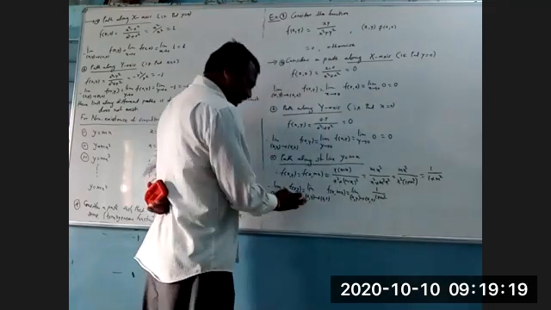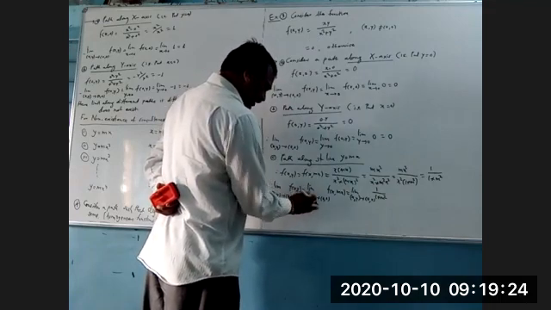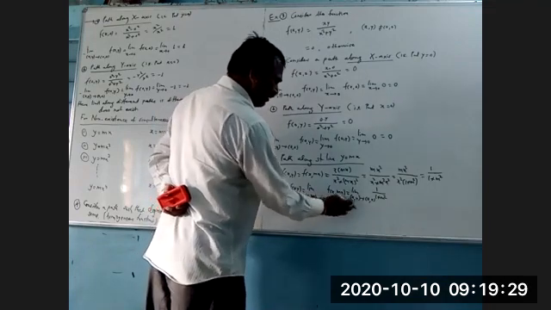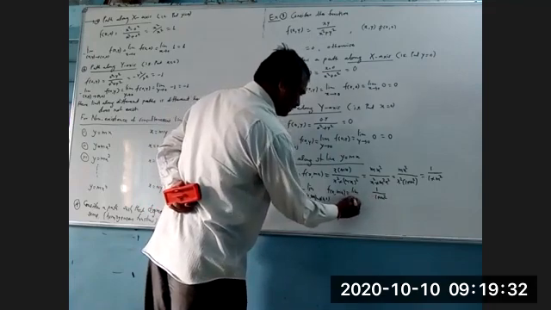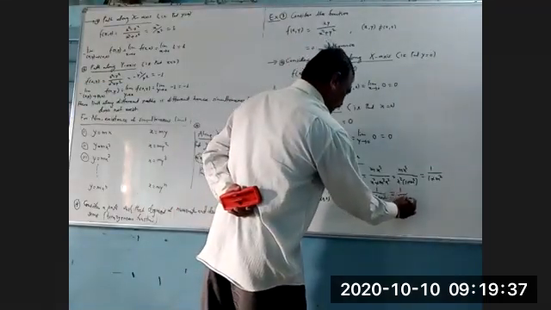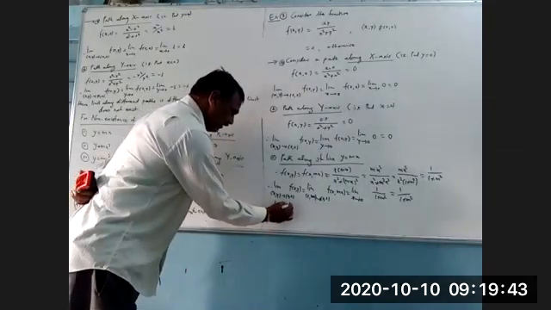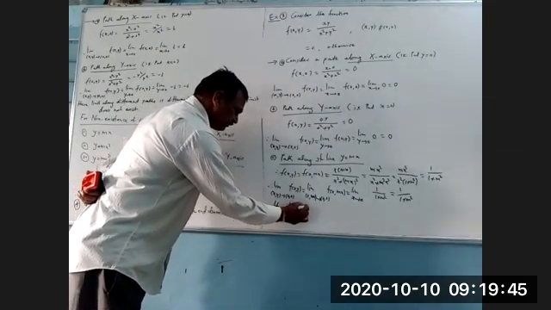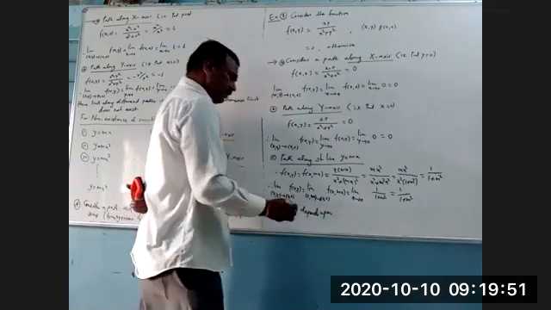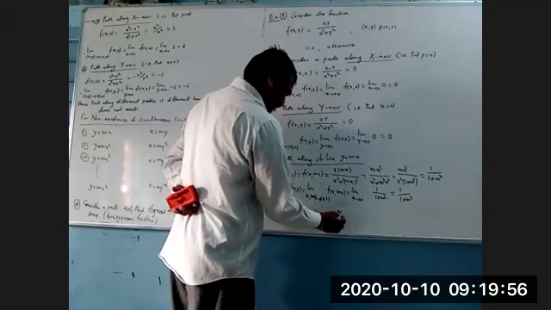You can directly take (x, mx), where x tends to 0, and this one is nothing but m upon 1 plus m square. Here the limit depends upon m.